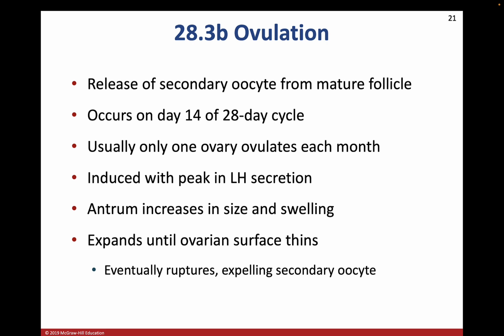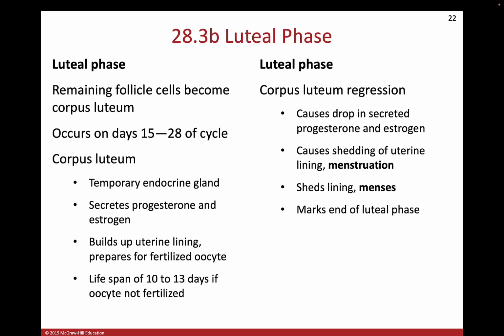The other thing that is important to address: what are the primary hormones during the follicular phase? Now, we will see both estrogen and progesterone, but during the follicular phase, the primary hormone will be estrogen. We just addressed ovulation, and ovulation will be triggered by a spike in luteinizing hormone. And we are now in the luteal phase.